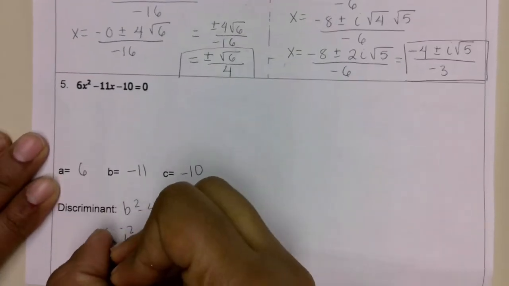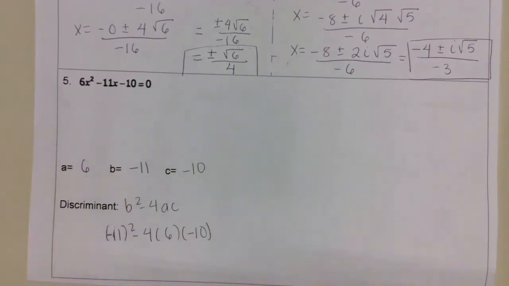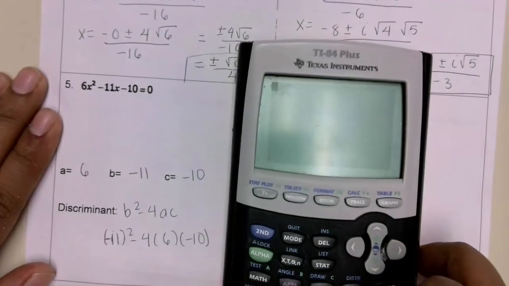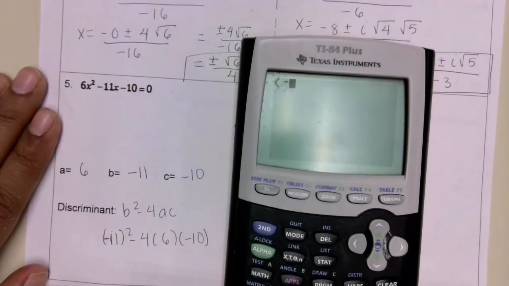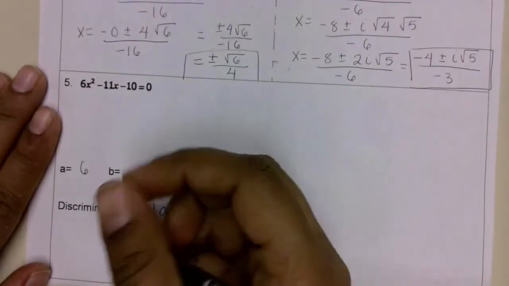So again, negative 11 squared minus 4 times 6 times negative 10. Go ahead and put that in your calculator. 361.